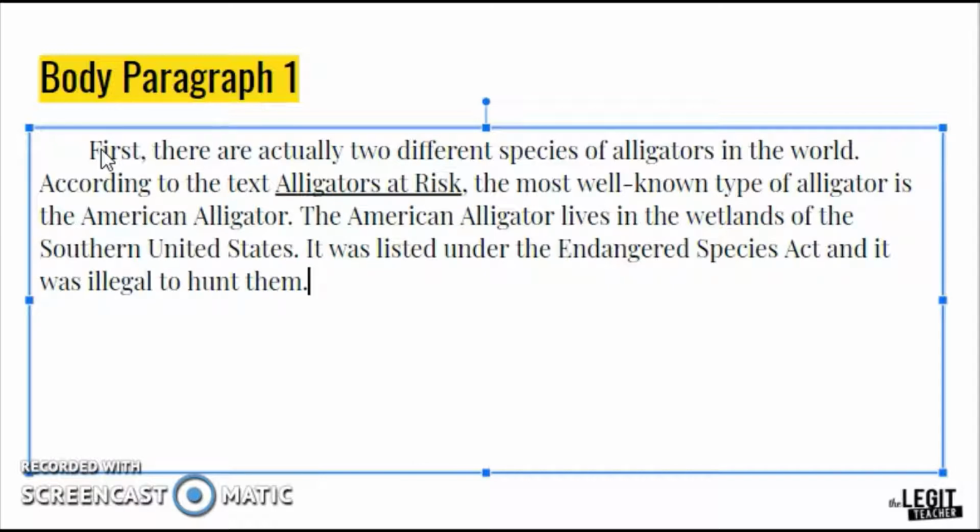All right, so I've taught them a second fact. It was listed under the Endangered Species Act, and it was illegal to hunt them. So I have finished step 2, which is to write 3 or 4 sentences about A. Now I need to write 3 or 4 sentences about B, which is the Chinese alligator.